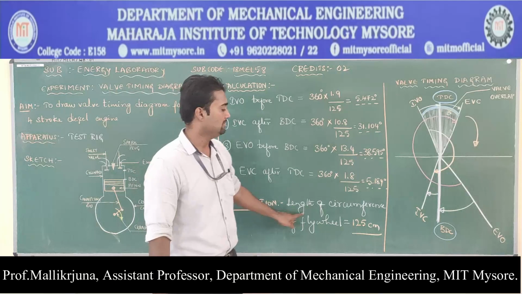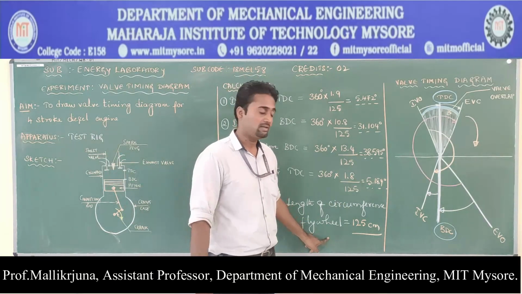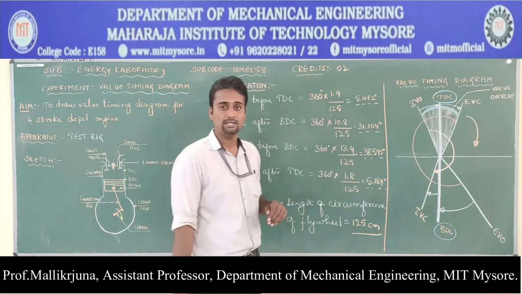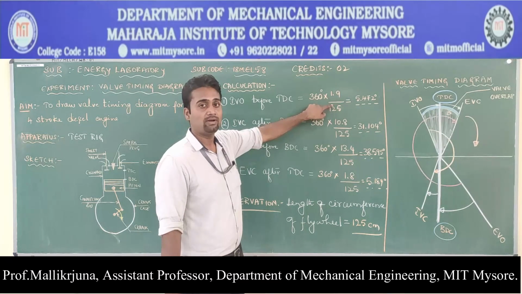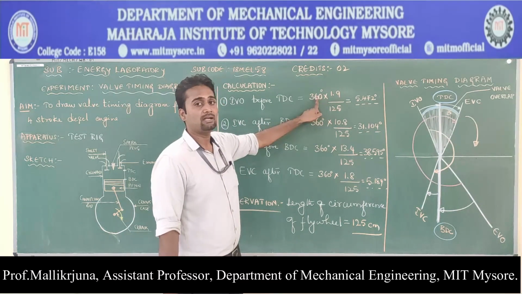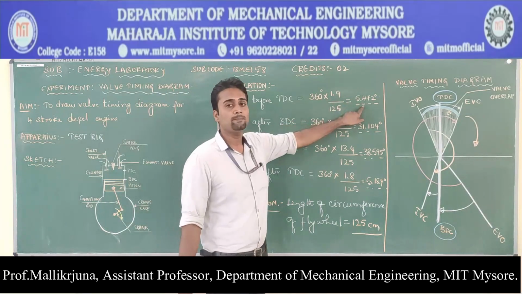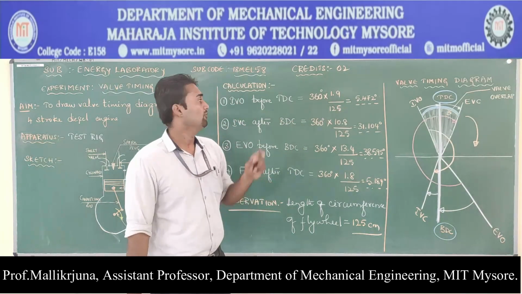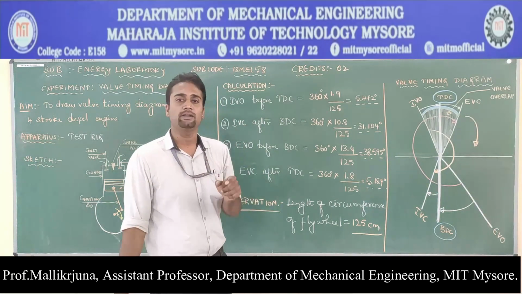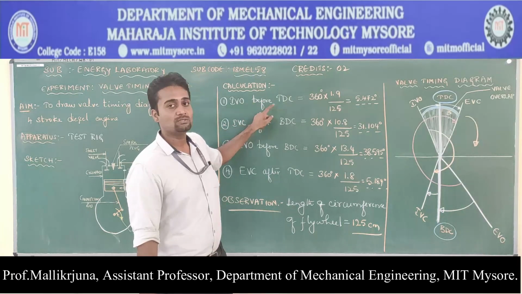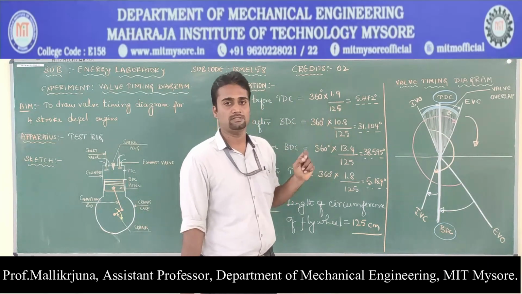This is the length of the circumference of the flywheel, which we observed while conducting the experiment, 125 centimeters. If we divide the measured value by 125 centimeters and multiply that by 360 degrees, that is, one complete rotation of the flywheel, we will get the actual opening of the inlet valve in terms of crank angle, in degrees. The inlet valve opens before TDC at 5.472 degrees.